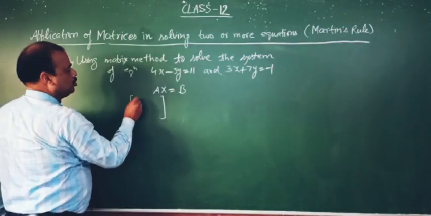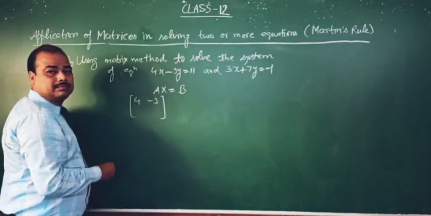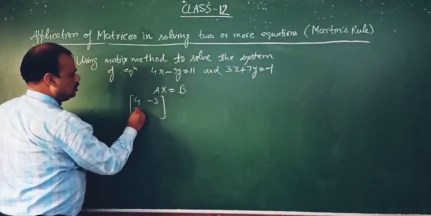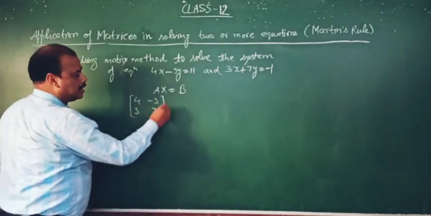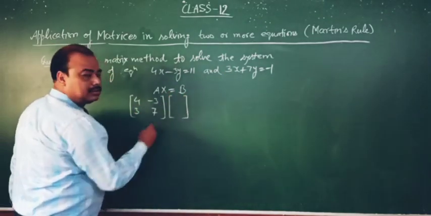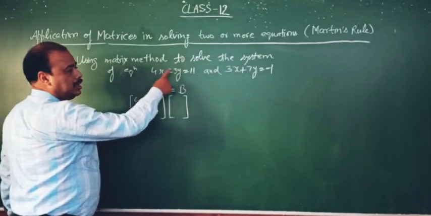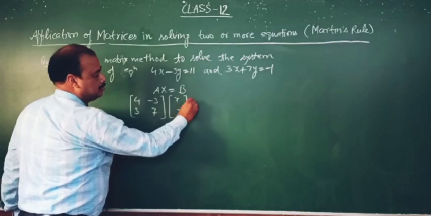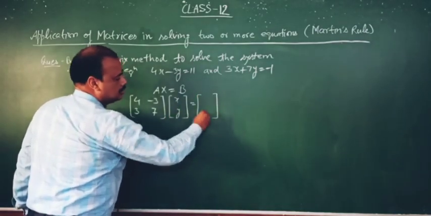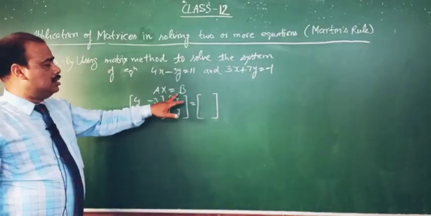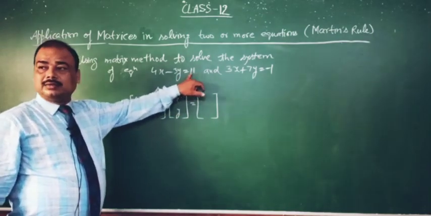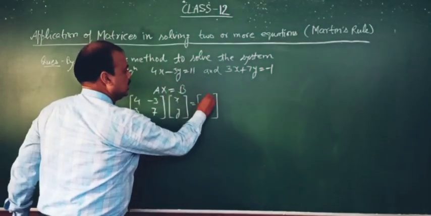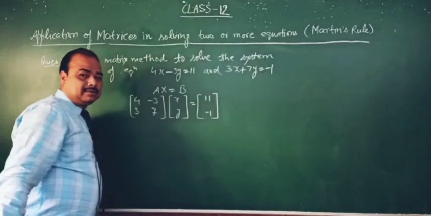It means 4, minus 3, 3 and 7. X is the variable matrix. In these two equations, two variables are there, x and y. And B is the constant matrix. It means 11 and negative 1.